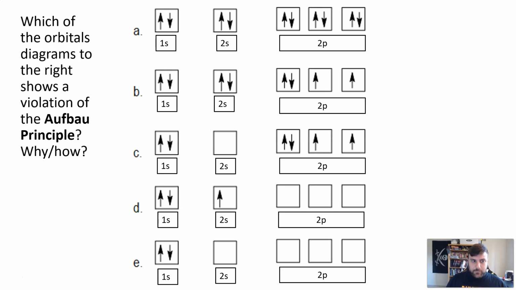Looking at the diagrams on the right, I have 5 diagrams here, A, B, C, D, and E. Which one of these orbitals is incorrect based on what we just talked about with Aufbau's principle? And why is it incorrect? Don't just tell me which one, but tell me why.